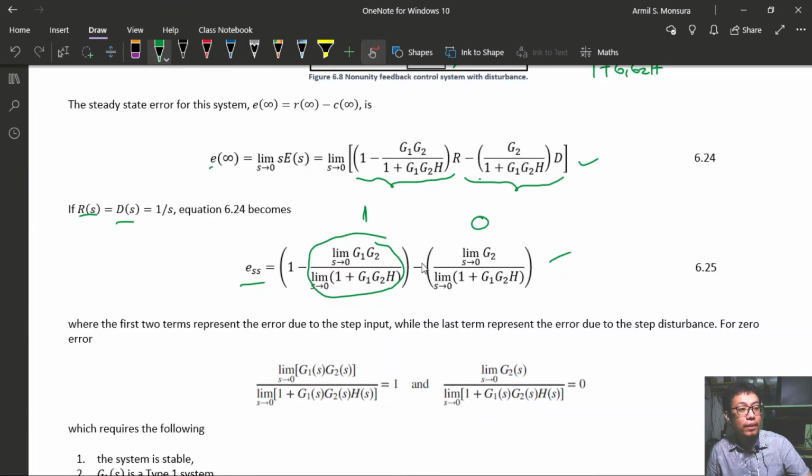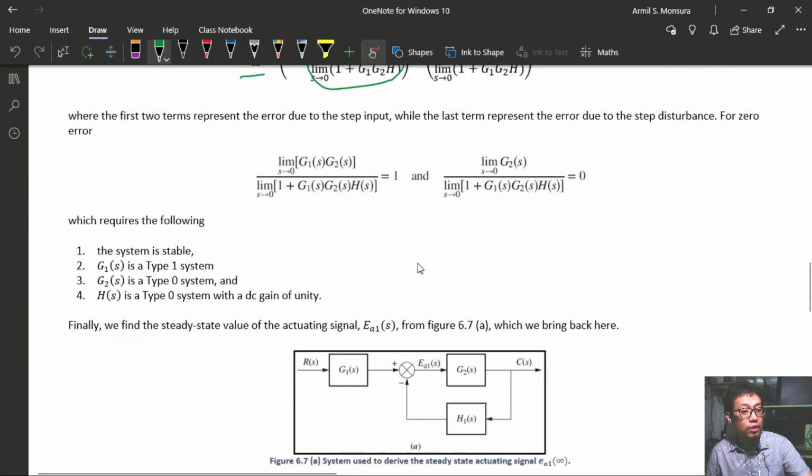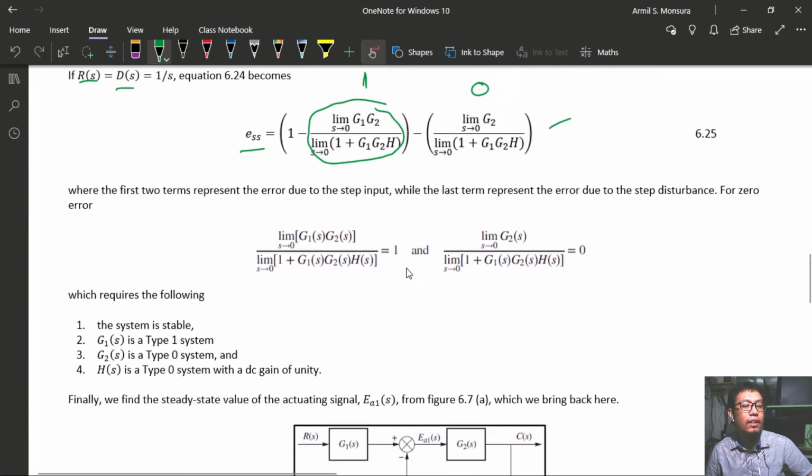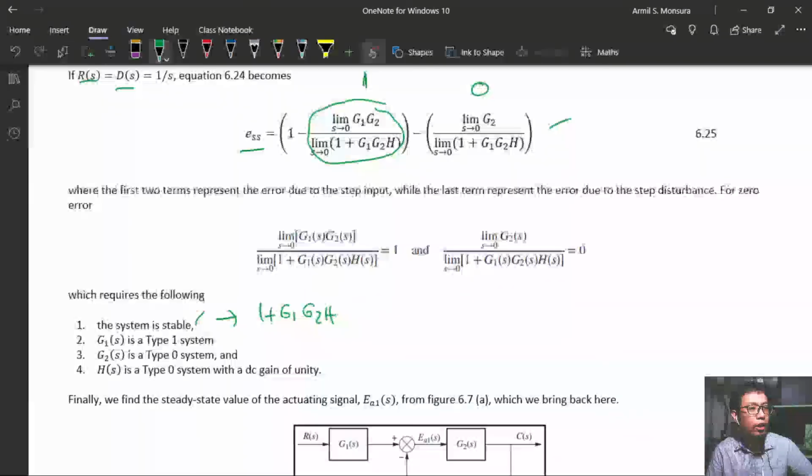And how will that happen? Please verify that for this to happen, for this to become 1 and that to become 0 at the same time, you should have your system to be stable. Again, for it to be stable, the poles of 1 plus G1, G2, H should all be in the left half plane.